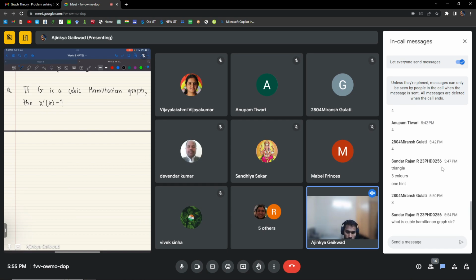What is a cubic Hamiltonian graph? Okay, so let me first say what is cubic.